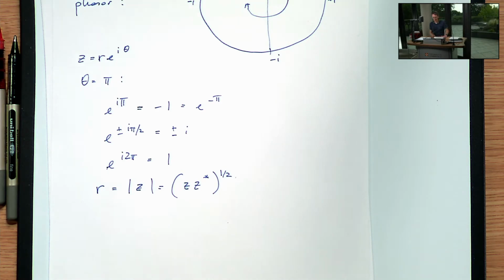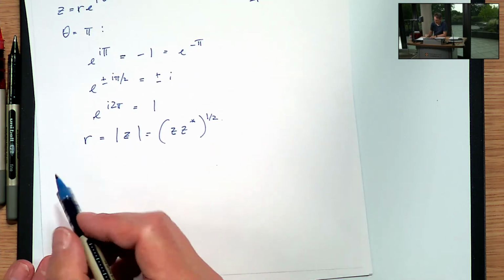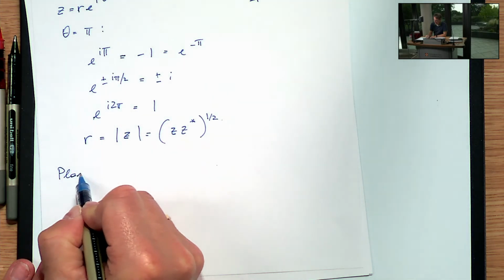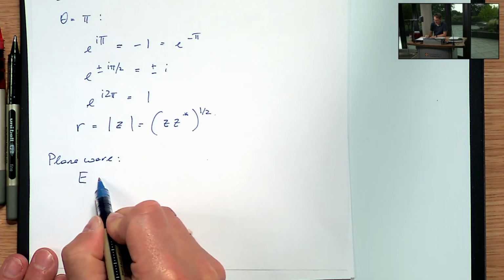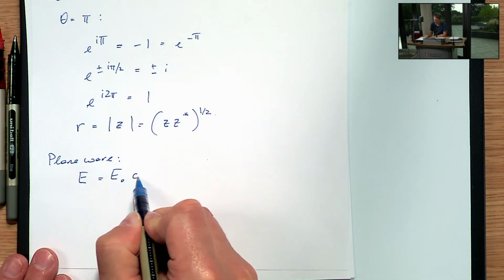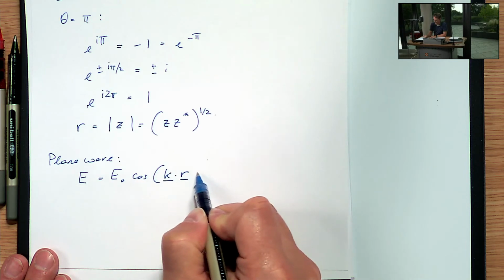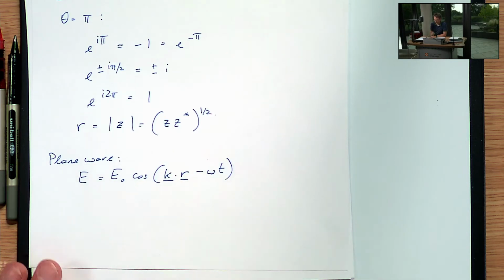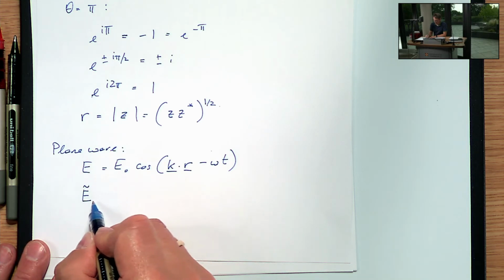And so now we can take our plane wave, which we had written as E equals E naught cosine of k dot r minus omega t, where these are vector quantities. The complex notation would look as such.